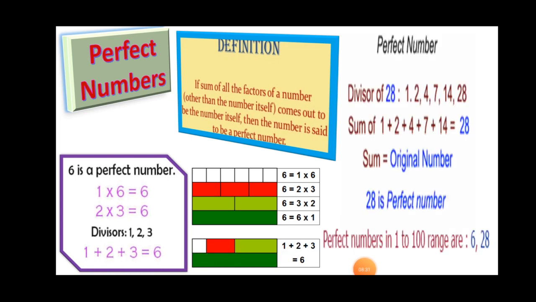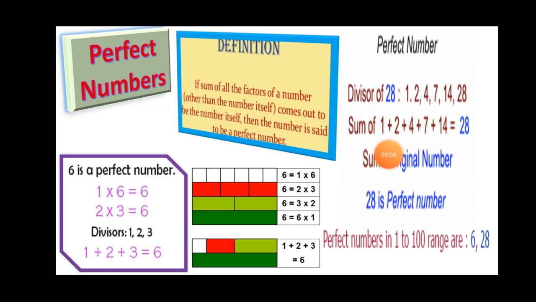Now you can see here the divisors of 28 we have obtained. They are 1, 2, 4, 7, 14 and 28. As we know, 1 goes into 28 28 times, whereas 2 goes into 28 14 times and 4 goes into 28 7 times.